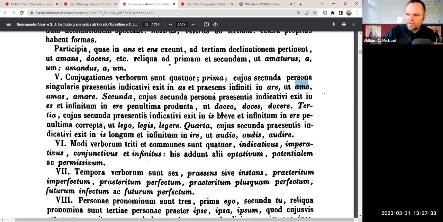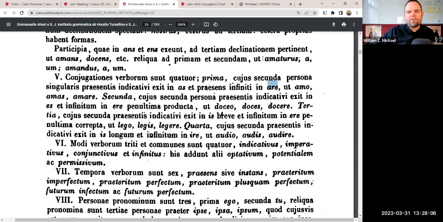So the first conjugation, if we want to identify verbs of the first conjugation, we look at the second person singular form of the present indicative, and we'll see that it ends in AS. Or we can look at the present infinitive form and see that it ends in ARE. Maybe you see ARE and are thinking of the English word are, like the verb, but notice it's in italics, so it's actually Latin.